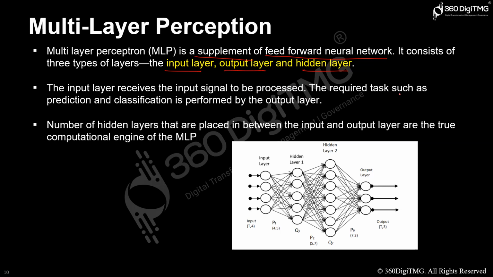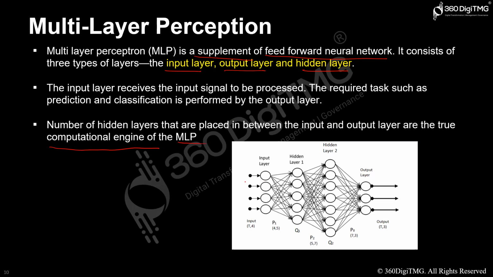The required task, such as prediction and classification, is performed by the output layer. The hidden layers placed in between the input and output layers are the true computational engines of the multi-layer perceptron. We can't tell how many hidden layers there are, but whatever hidden layers are in between are called the computational engines.